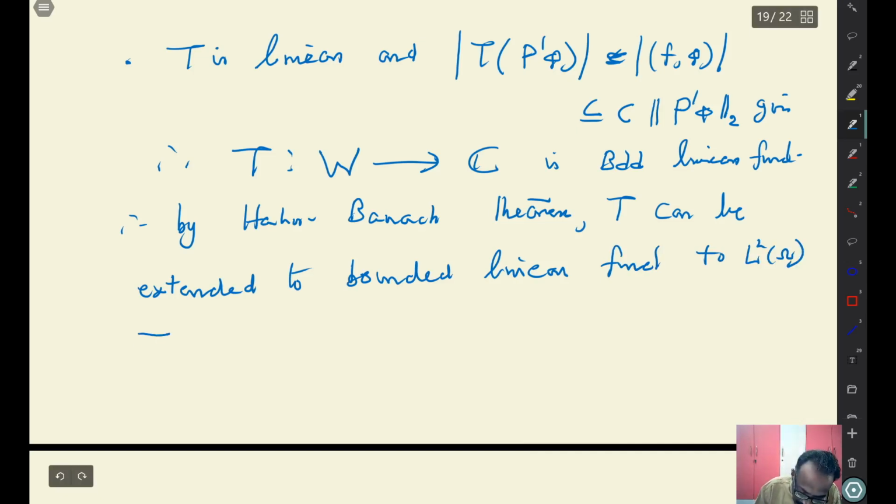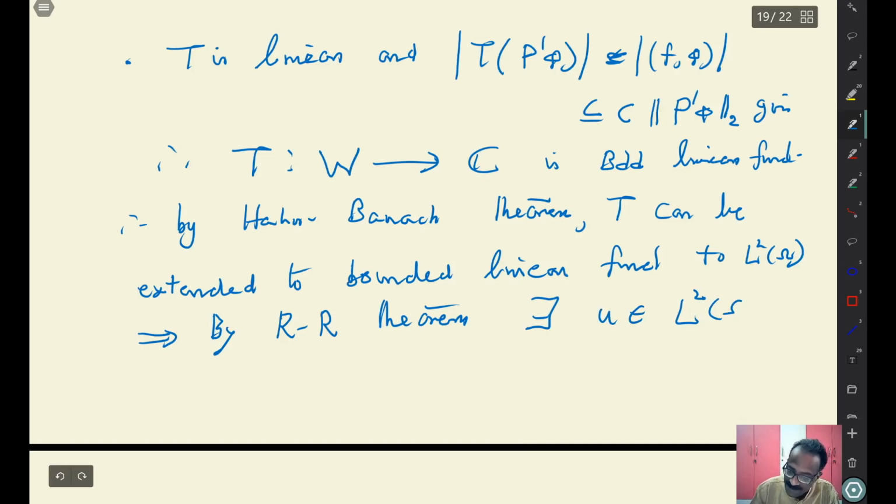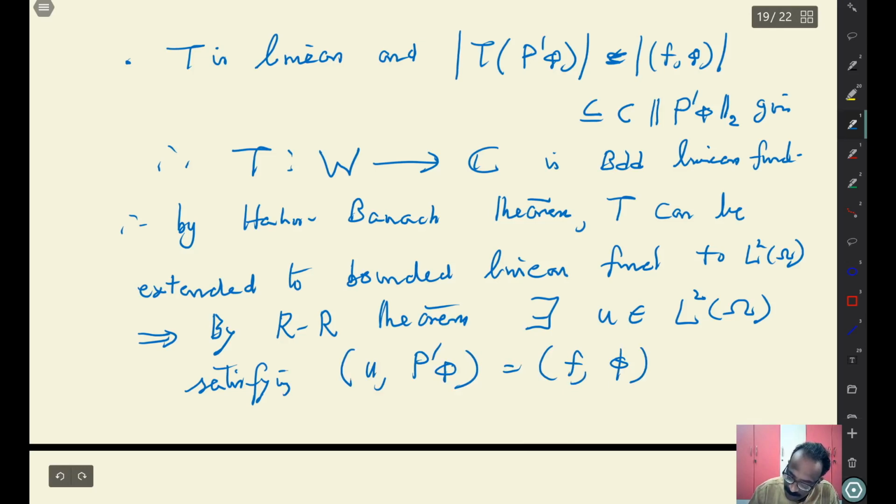Then by the Riesz representation theorem, there exists u in L2 of omega, because you can identify it with an L2 function, satisfying integral of u P dash of phi equals f of phi for phi in D of omega. That is how you prove the existence. So do that.